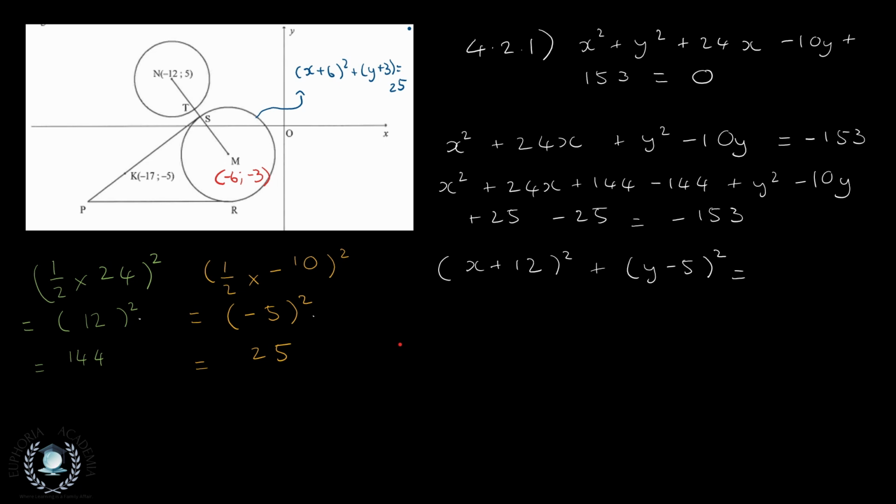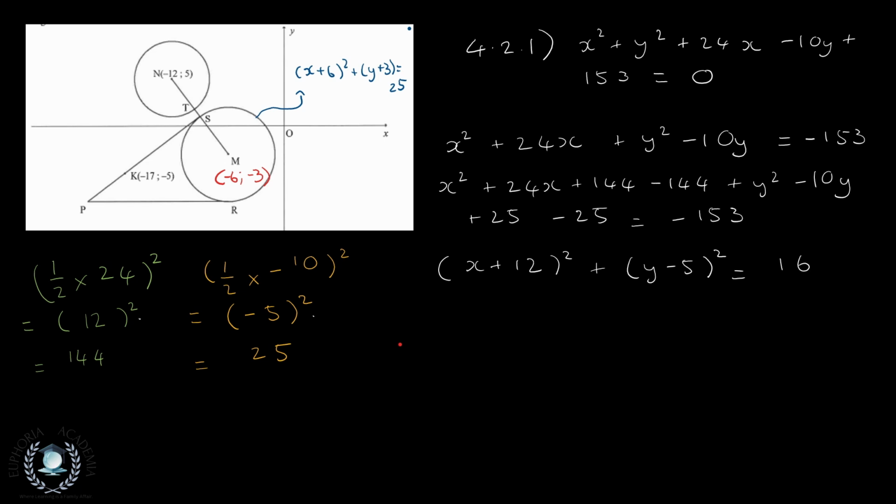That will be equal to minus 153 plus 25, because we're taking this minus 25 to the right hand side, and plus 144 because we're taking this minus 144 to the right hand side, and we're going to end up with a result of 16.